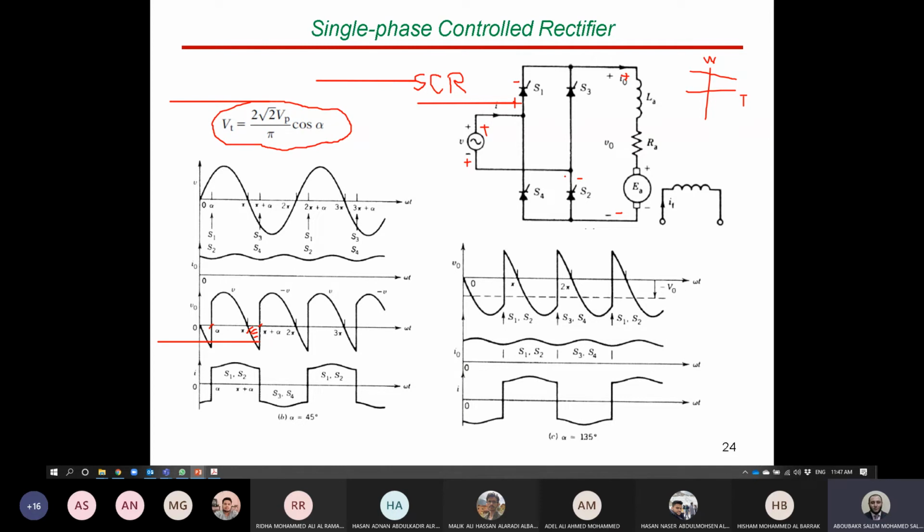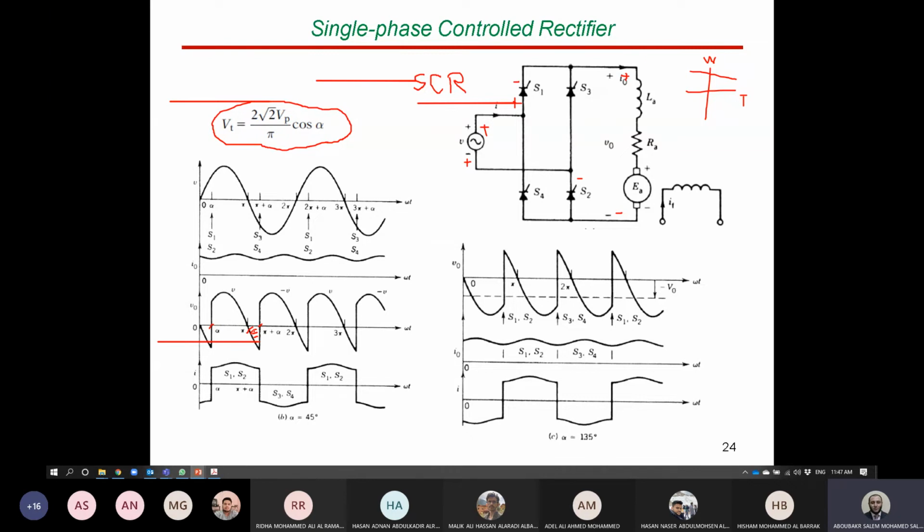V out as an instantaneous waveform is like that, and Vt is considered the average value of this waveform. So Vt equals 2 multiplied by square root of 2 multiplied by Vb over pi cosine alpha. This is simply obtained by integrating the waveform from alpha to pi plus alpha.